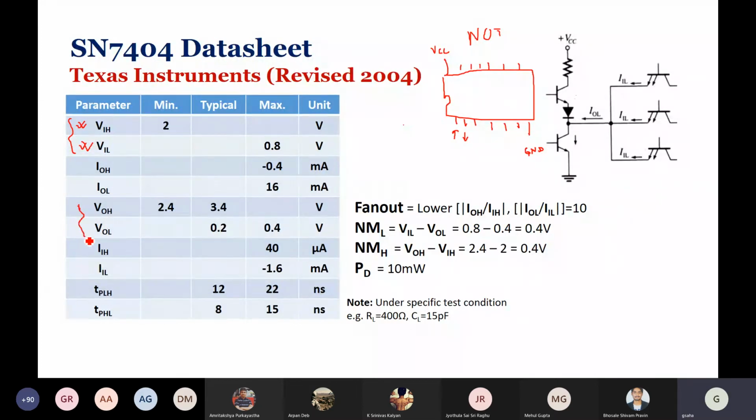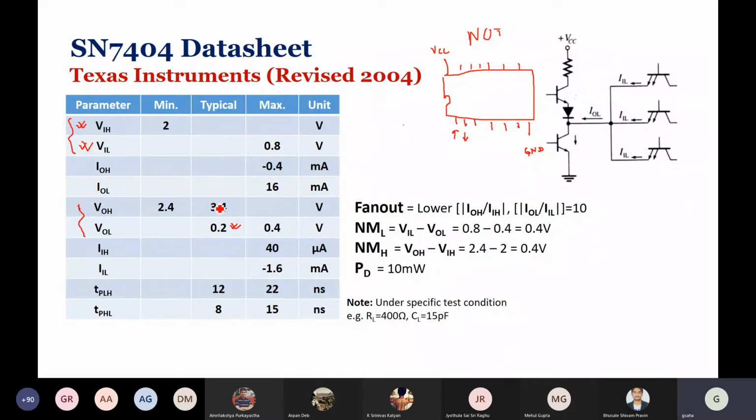Now these are also familiar terms, VOH and VOL. So VOL, we can understand, is 0.2 volt. And the VOH, 3.4 volt, is 3.5 minus 0.7.